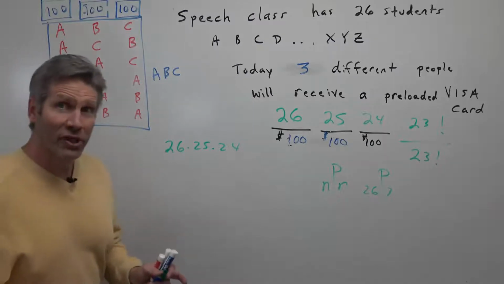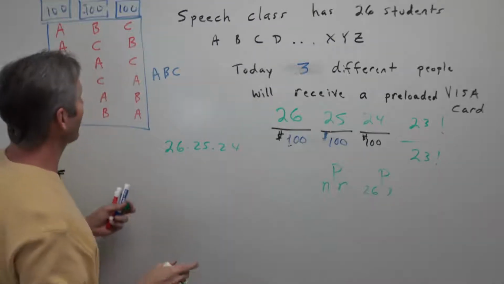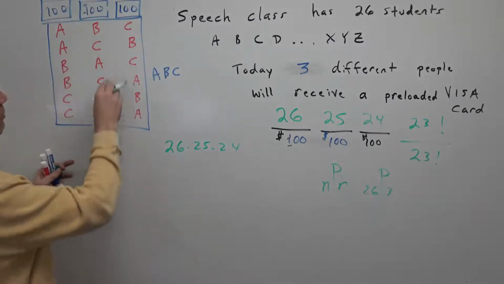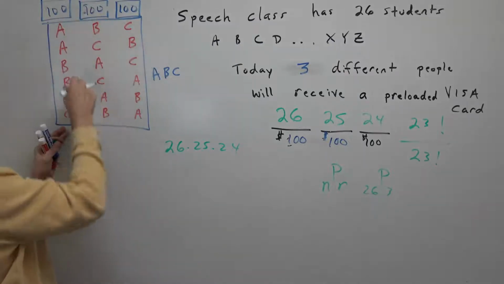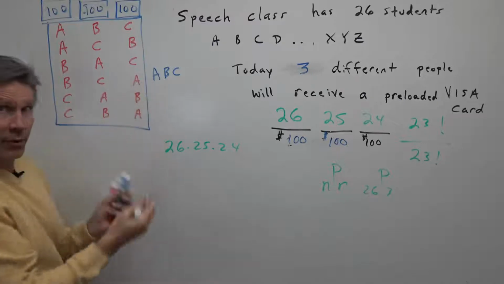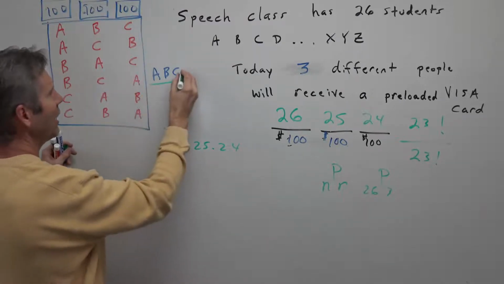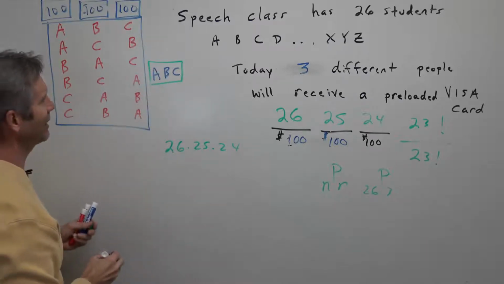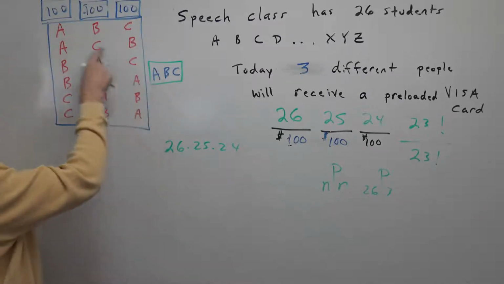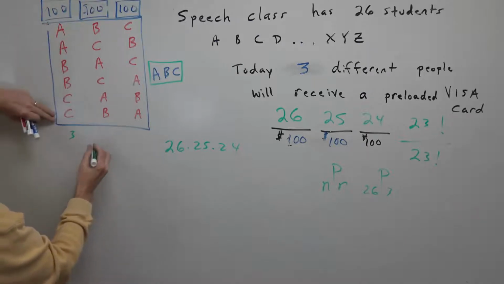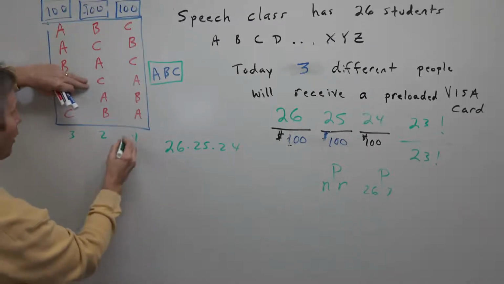But if the order is not important, and they're all getting the same $100 Visa card, then every group of 6 permutations containing the same 3 people is just a repeat of the one combination of these 3 people being selected. So these people could be arranged 6 ways.